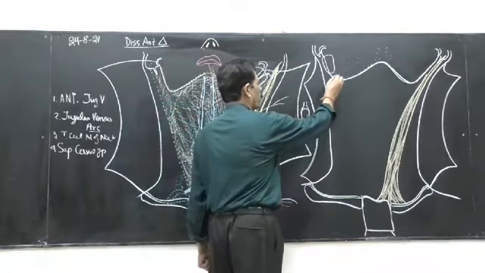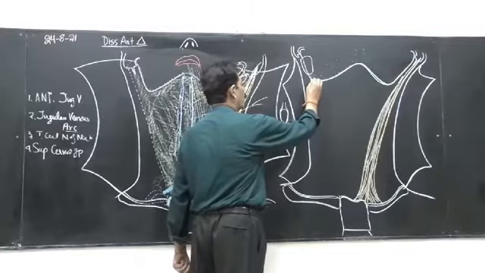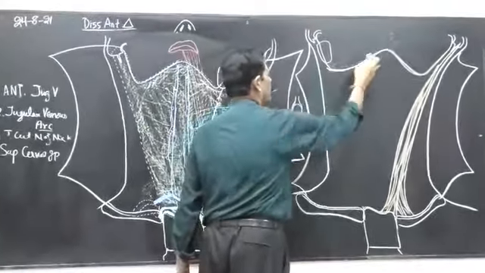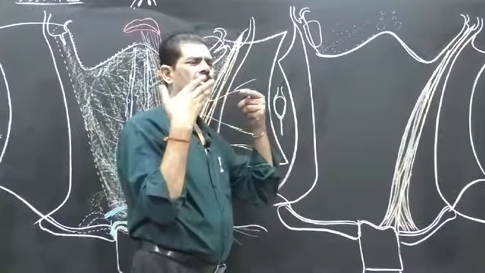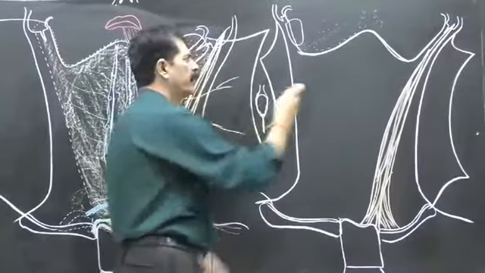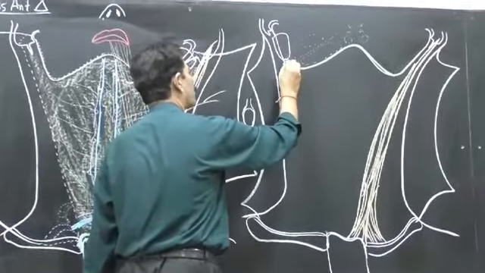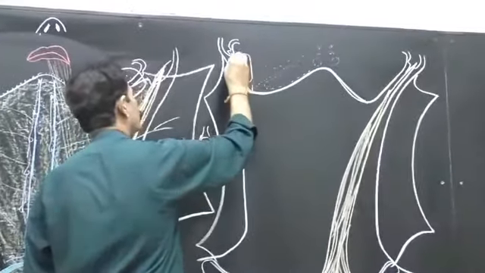Then from the angle of the mandible, this deep fascia will go, because here the body is finished. The body starts from here, that is the symphysis menti. Mandible develops from two bones, they unite together. So the body ends here, so the deep fascia will run, after giving the parotid fascia, toward the styloid process.